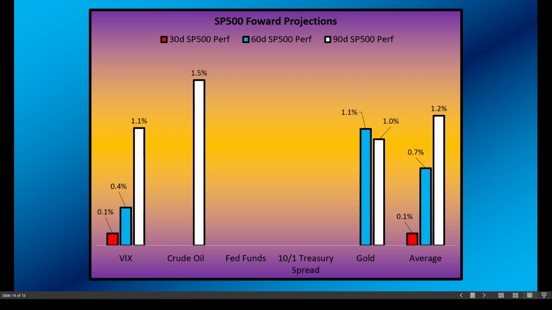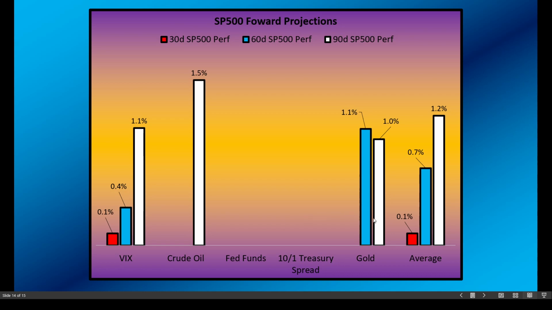However, if we start to see the VIX go down moderately, more than we have right now, that would be indicative of stronger markets to come. If we see crude oil make a very big move, remember above or below 35, 40%, that would be indicative of a bigger, stronger move.